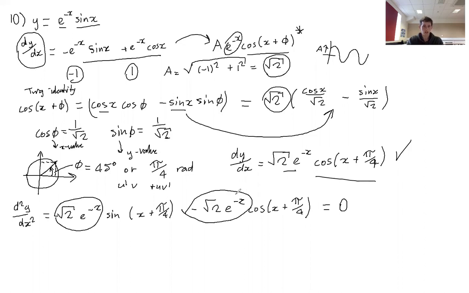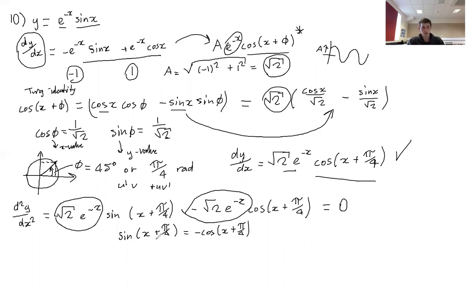Exponential terms are never equal to 0, so they're not important to this case. So eventually sine of x plus pi on 4 is going to be equal to negative cosine of x plus pi on 4.